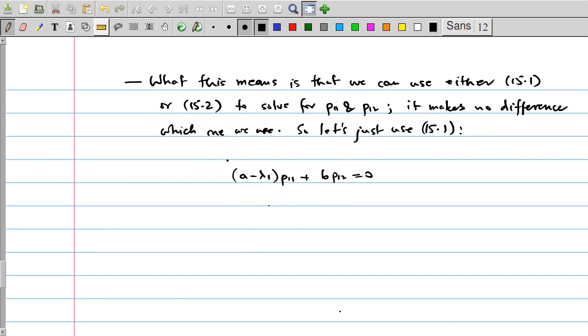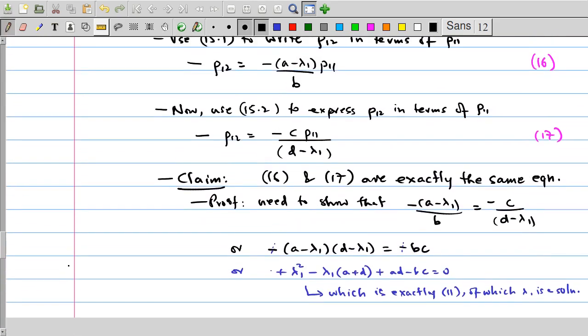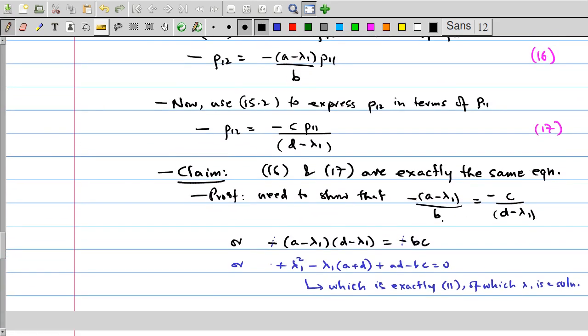Equal 0, which we can give another number. Do we have any numbers? This is not really an equation here. 18.